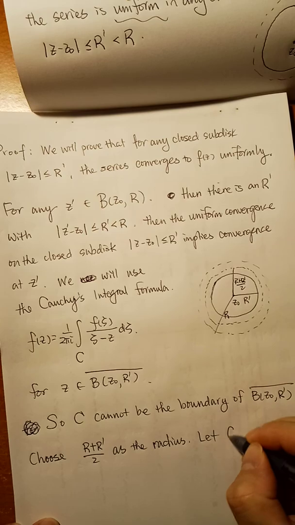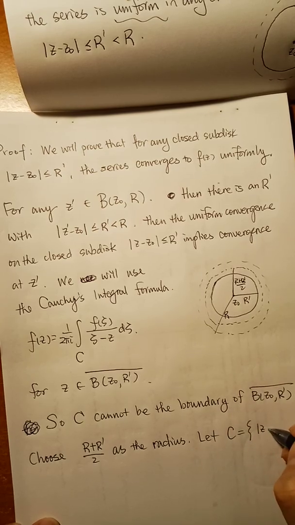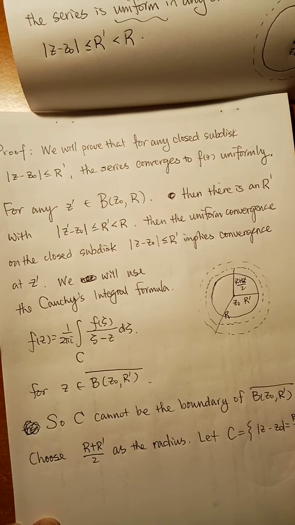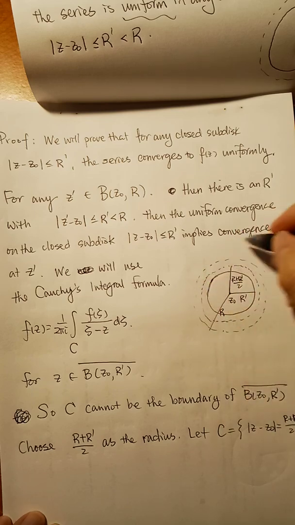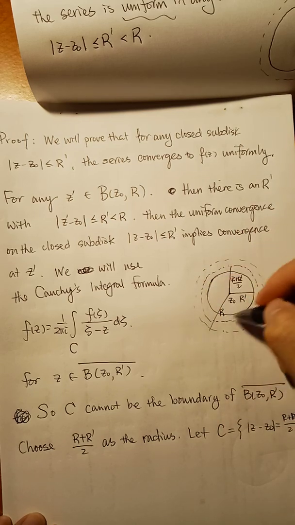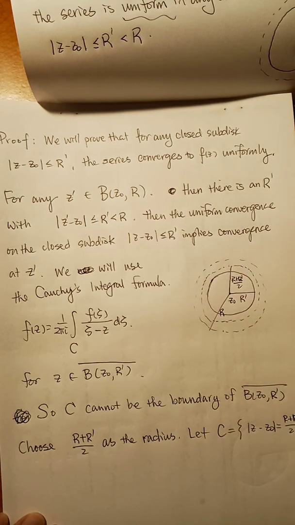Let C be the circle |z minus z0| equal to this (r plus r prime) over 2. Okay, it is still inside the domain and it contains this closed disk totally inside.